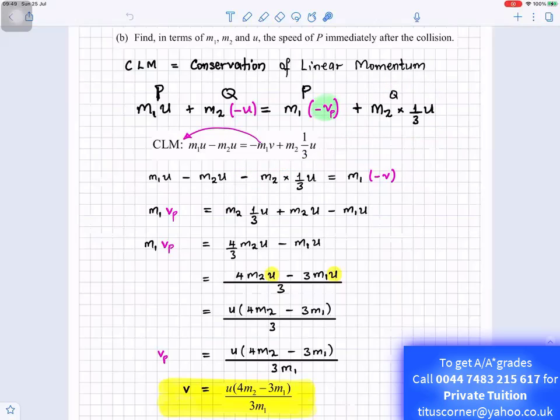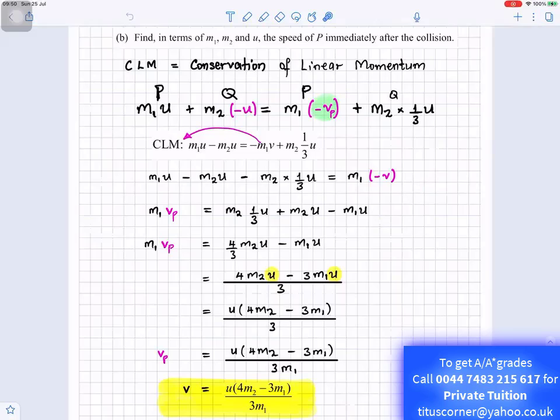So now m1 times v, that's the speed of P, is m2 times 1/3 u plus m2u minus m1u. To get rid of the minus, we change this to plus, change that to plus, and this one becomes plus. So that's what happens here.